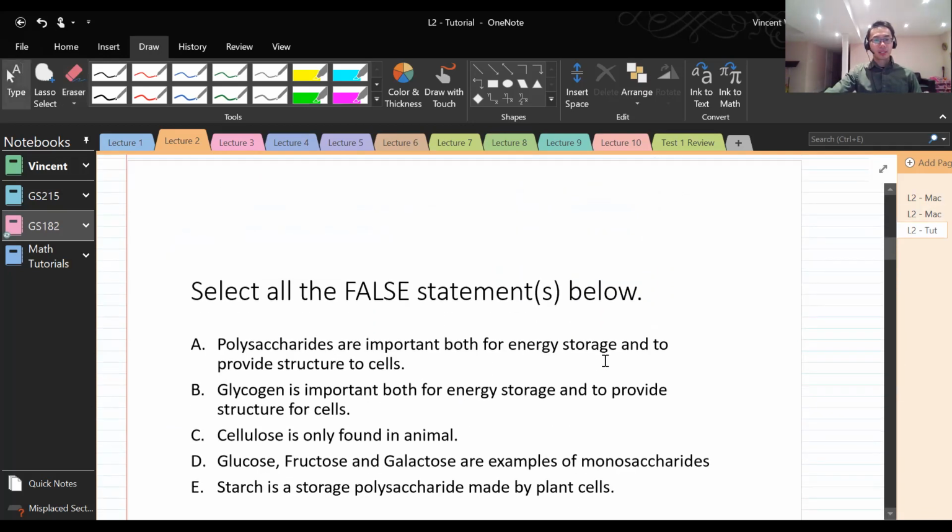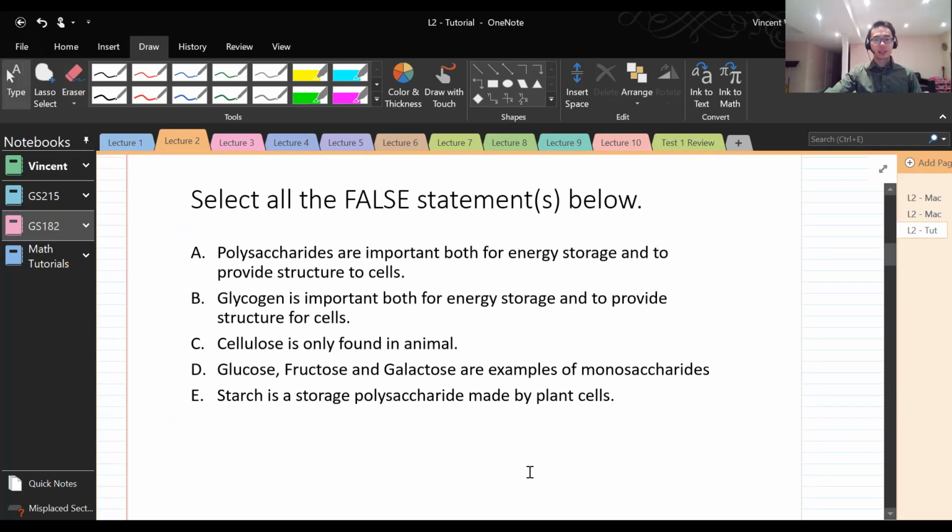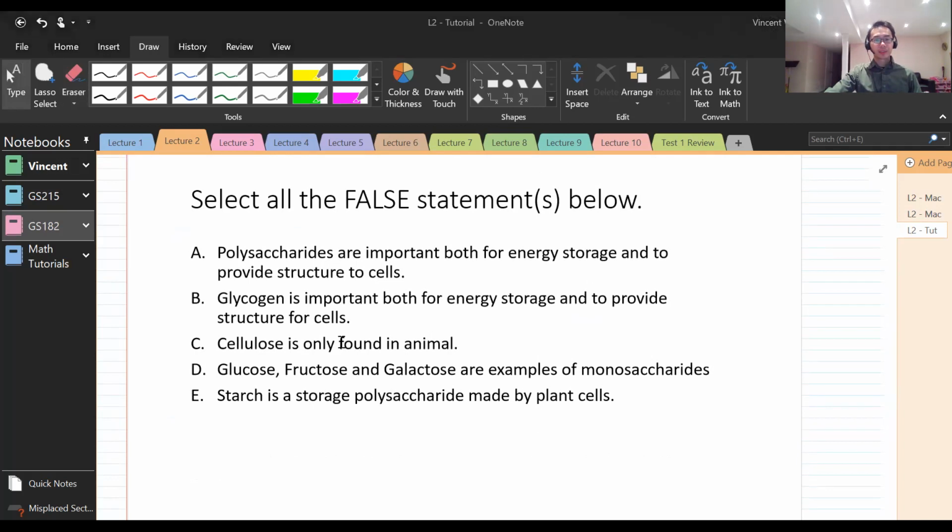What else is here? You know what? Let's do this one. Why not? I think we can handle this. Select all the false statements. So this one is a multi-select question. Go ahead.